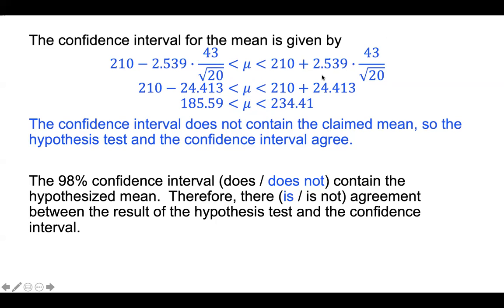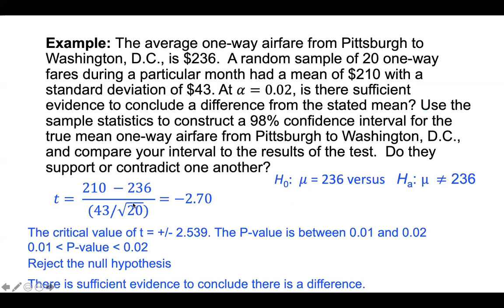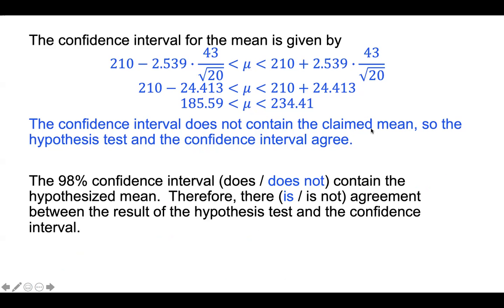So back to our result, we reject the null hypothesis because the value 236 is not in the confidence interval. So there's sufficient evidence to conclude that there's a difference because 236 is outside. The 98% confidence interval does not contain 236. Therefore, there is agreement between the results of the hypothesis test and the confidence interval. So it does make sense.